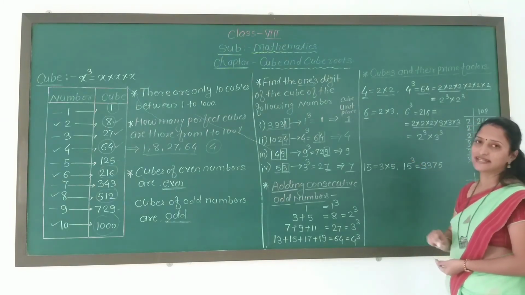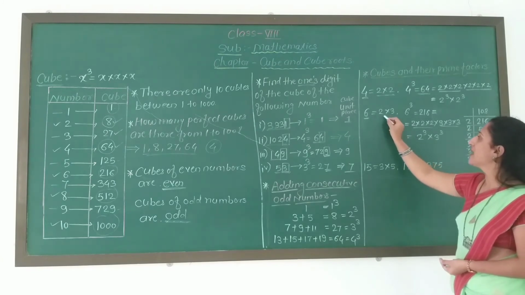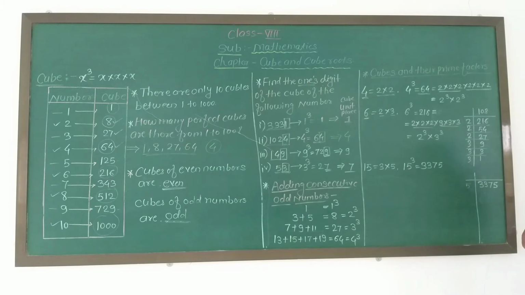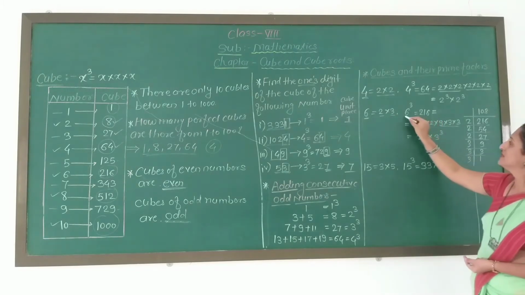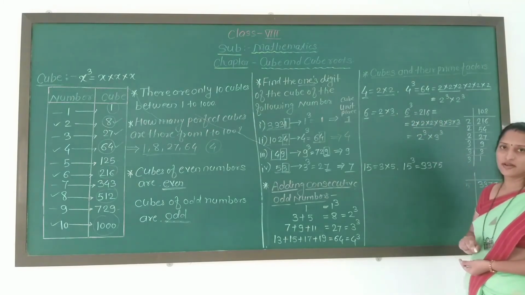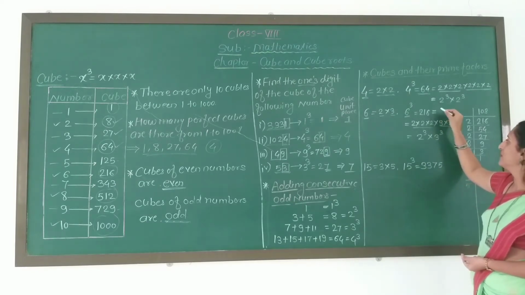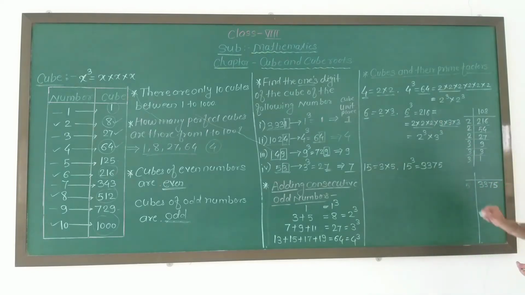Observe one more example. Now the number is 6. Prime factors of 6 are 2 into 3. Now just calculate the cube of 6. The cube of 6 is what? 216. Now just try to find the prime factors of 216. Using the division method, we can find that the prime factors are 2 into 2 into 2, 3 into 3 into 3.